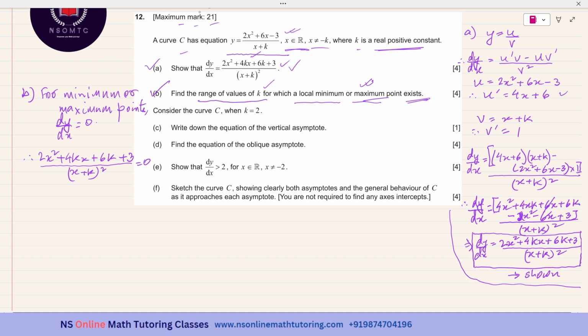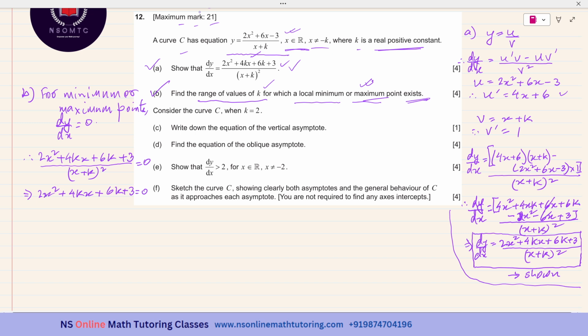And if a fraction value is equal to 0, that implies the numerator will be equal to 0. So this implies that 2x square plus 4kx plus 6k plus 3 should be equal to 0.